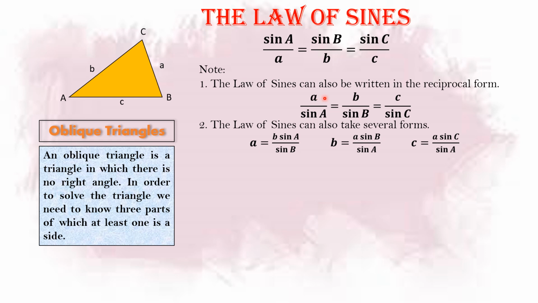Ang mangyayari is B times sine A. And then, ang natira is si A over sine B. So, ito na yung magiging denominator, sine B. Okay? So, magiging A is equal to B times sine A over sine B.